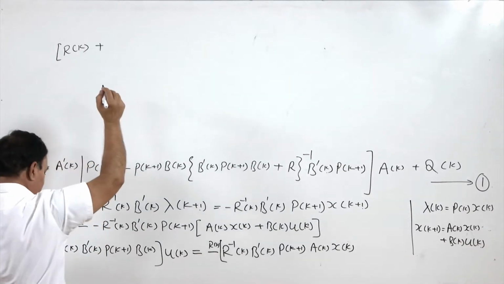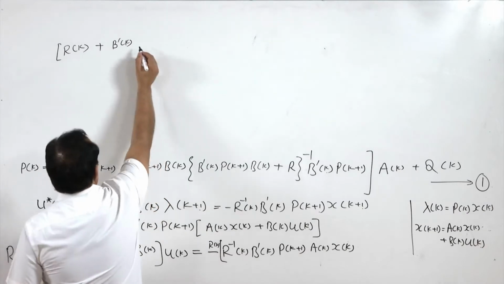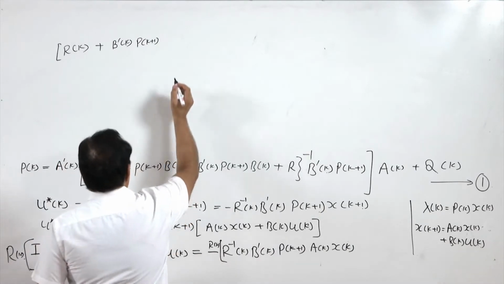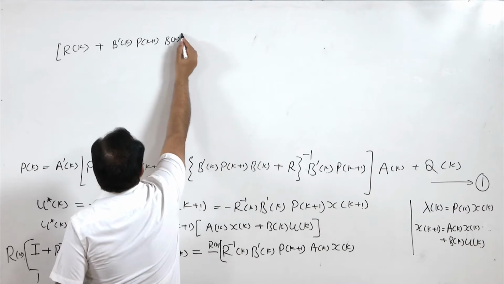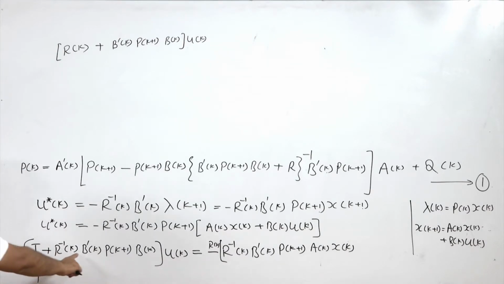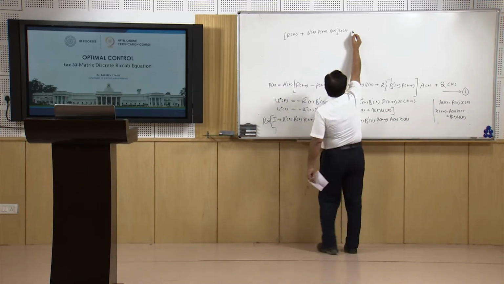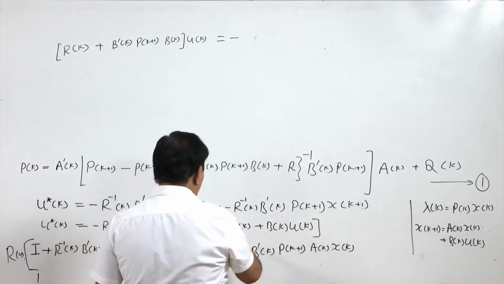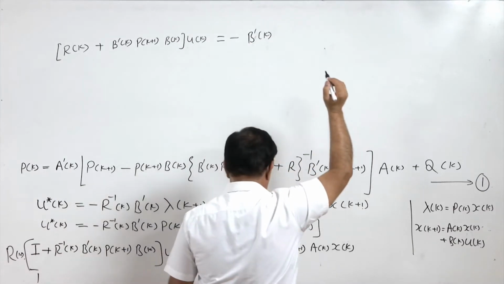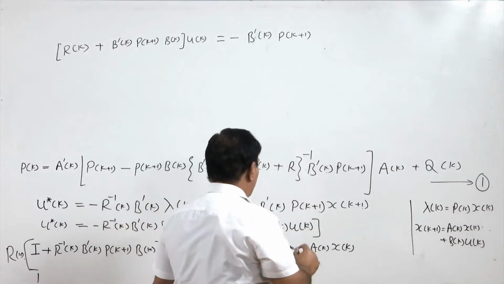So on the left hand side I have (R(k) + B prime(k) P(k+1) B(k)) multiplied with u(k), and on this side I have minus, R inverse becomes unity here, B prime(k) P(k+1) A(k) x(k).